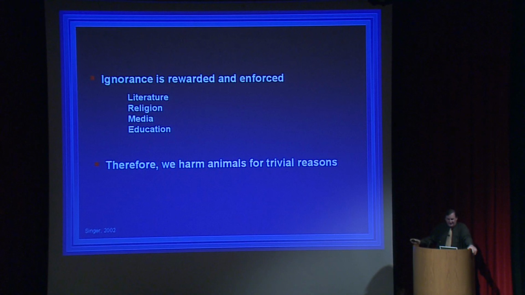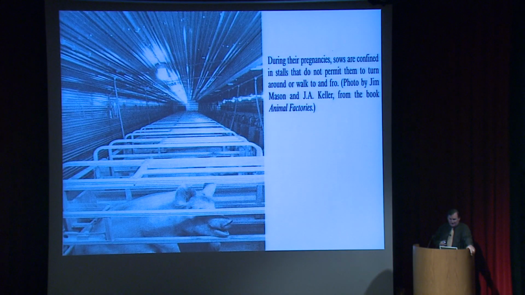And so Singer says that we harm animals for trivial reasons, that we really don't need to be doing this, and that if we cared about animals and weren't engaging in this speciesism, we would eat less meat, argue for more humane treatment of animals, and really try to change the picture that's occurring in some parts of the agriculture world.